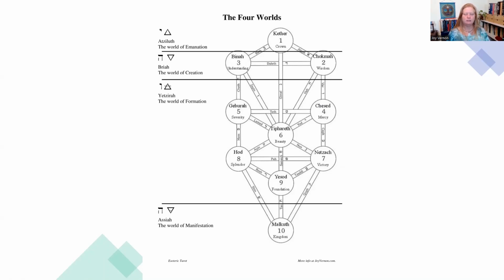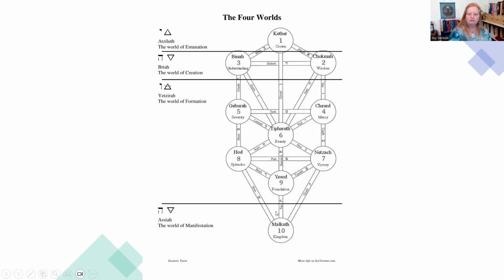And it makes the swords make so much sense, because you're like, yeah, the reason that there are trouble and difficulties and the intellect and all of that is because there's so much to do. When you are in that Yetzirah level, there's a lot of analysis that has to happen, a lot of choices that need to be made. And so it definitely shows up when you put the four worlds on the tree this way.